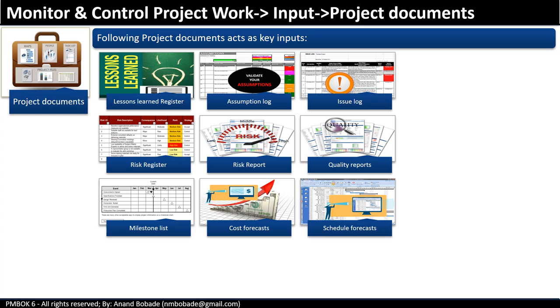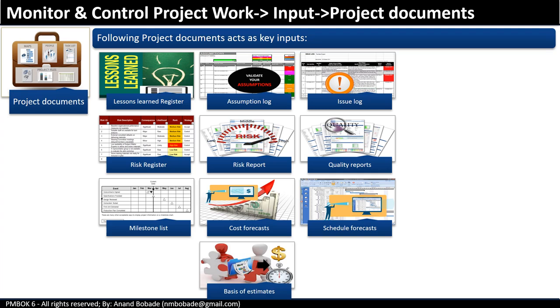The schedule forecast determines if the project schedule is within the agreed tolerance range or not. Again, if you are delaying, how much more delay you are going to have. Basis of estimate explains and gives you underlying data about how the estimation was done. All the above information will be used for analysis and to determine corrective and preventive actions. And of course, all this analyzed information will be compiled into reports.